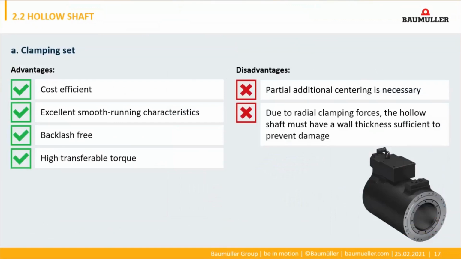As the disadvantages, I can say additional centering could be necessary, and due to radial clamping forces, the hollow shaft must have a wall thickness sufficient to prevent damage.